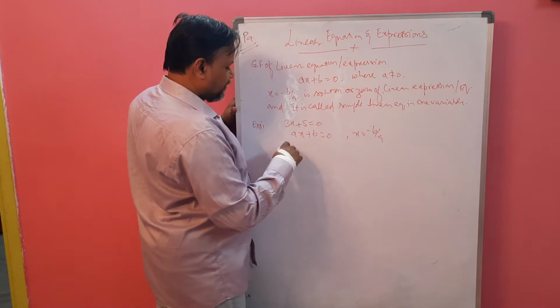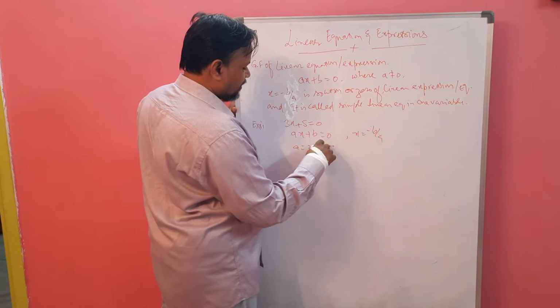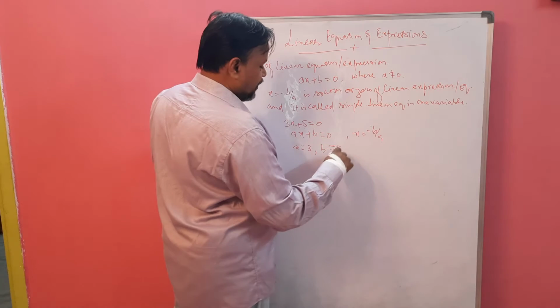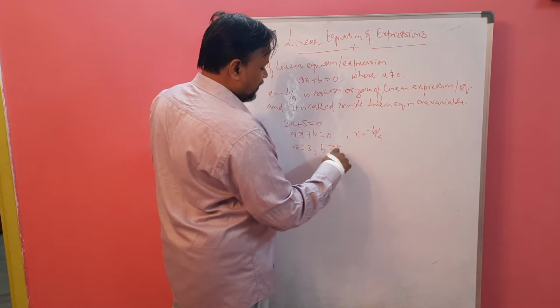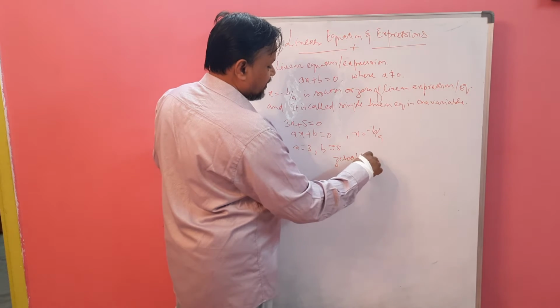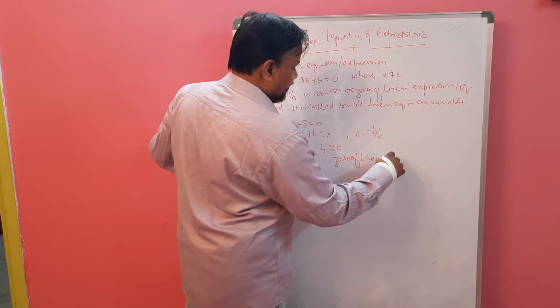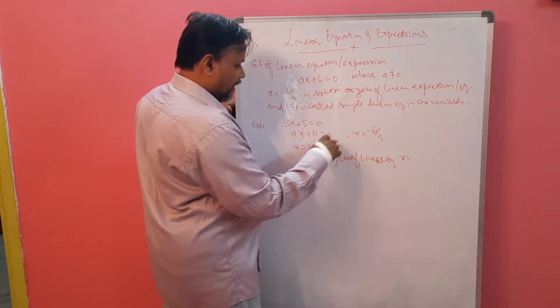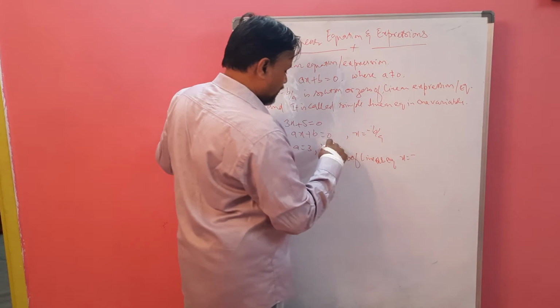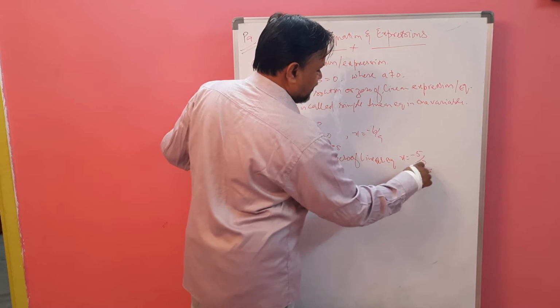Here compare this, you will get a equal to 3, b equal to how much? 5. So the solution, or 0 of the linear equation, is x equal to minus b by a, which is minus 5 by 3. So this is a solution.